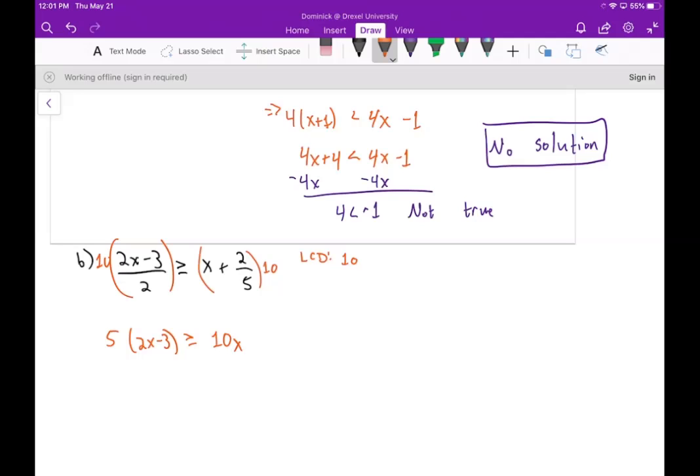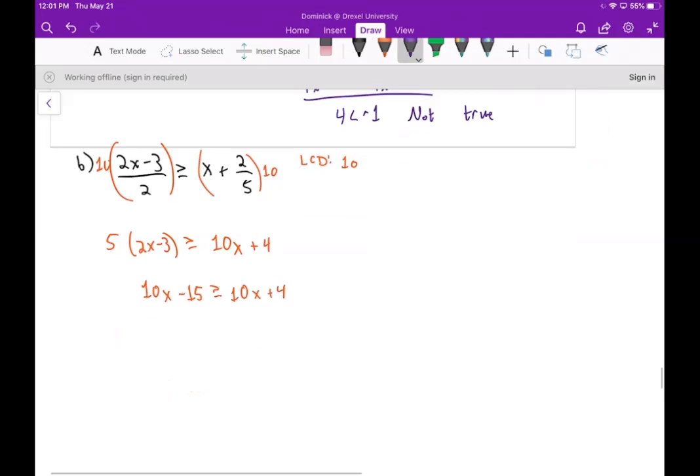And then 10 divided by 5 is 2, so we're going to get plus 4. So it looks like we're going to get 10x minus 15 greater than or equal to 10x plus 4. Looks like a similar situation is going to happen, because once we cancel the 10x from both sides, we're going to get negative 15 greater than or equal to 4, which of course again is not true. So this is no solution again.